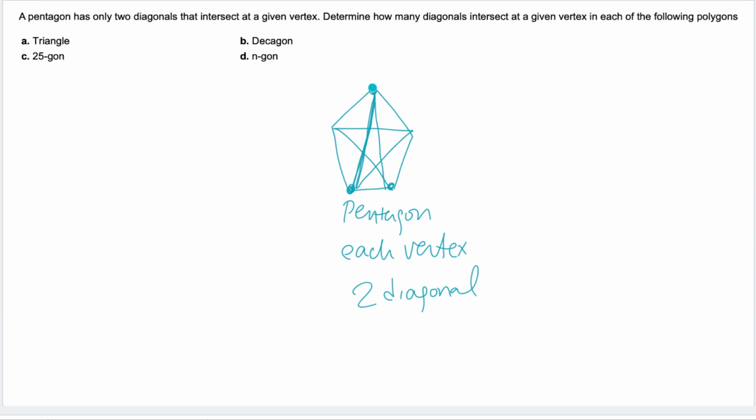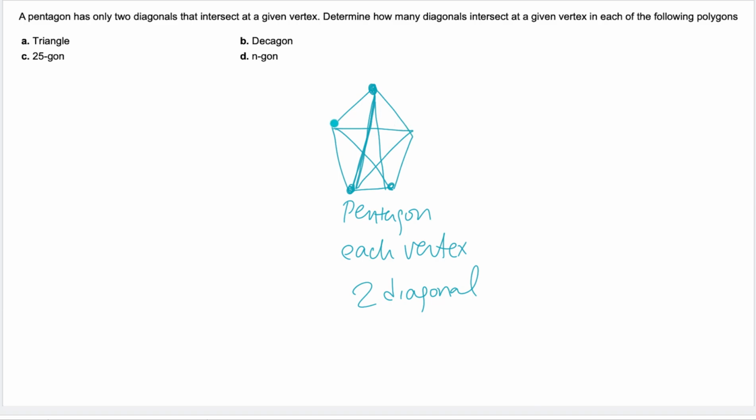Think about it. From this vertex, we cannot draw a diagonal to the next one. We cannot draw a diagonal to itself. We cannot draw a diagonal to this side adjacent vertex.